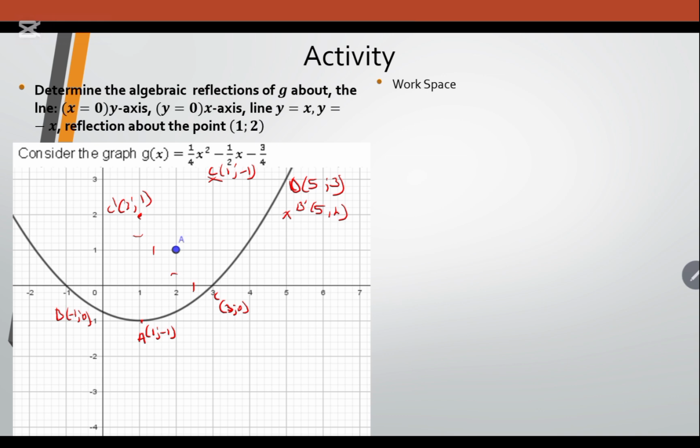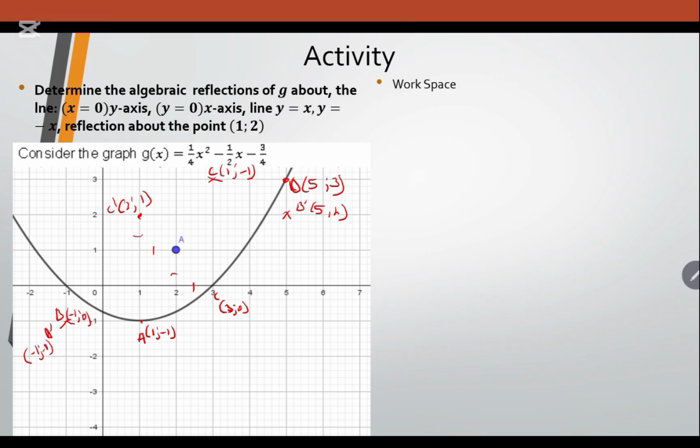Now the other point that we have is point D here, which is 5 and 3. So this point to D, it moves 2 units down and 3 units to the left. So it's 1, 2, 3, and 2 units down. The image of D will be here, which is -1 and -1.